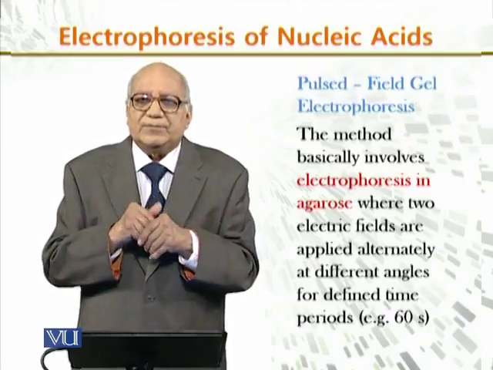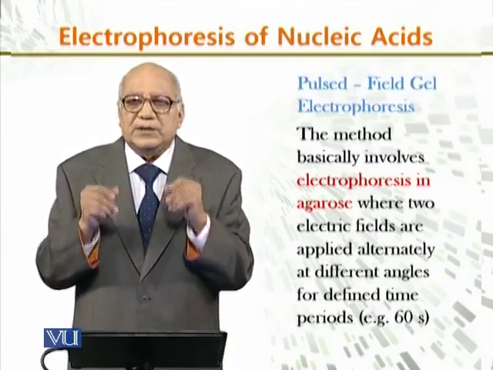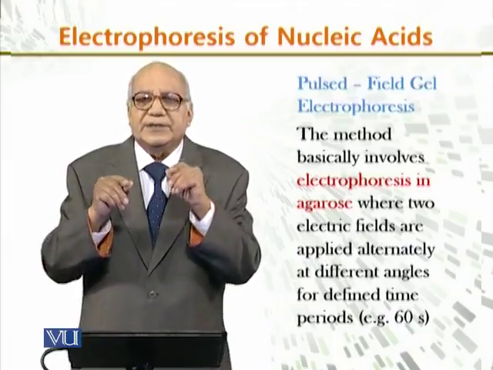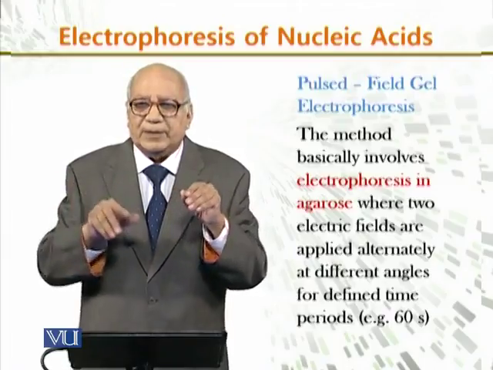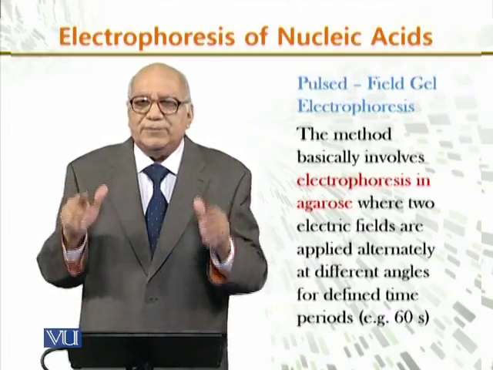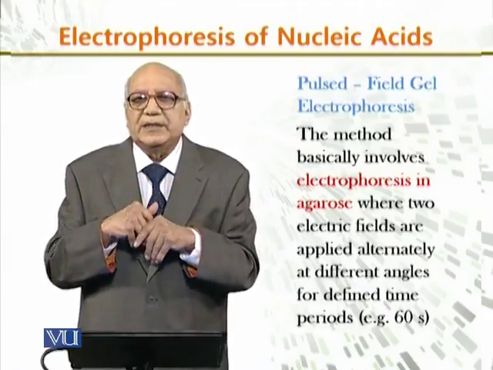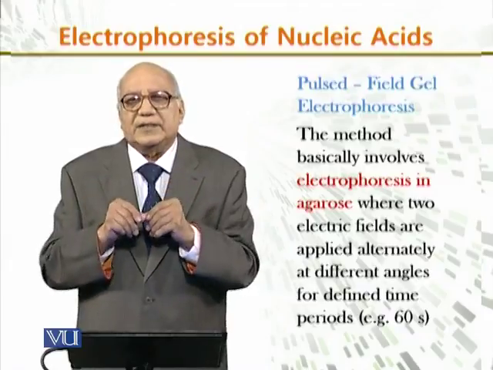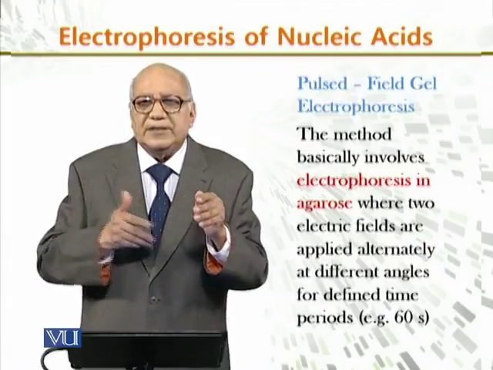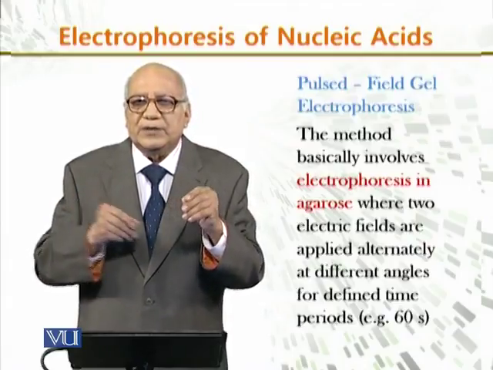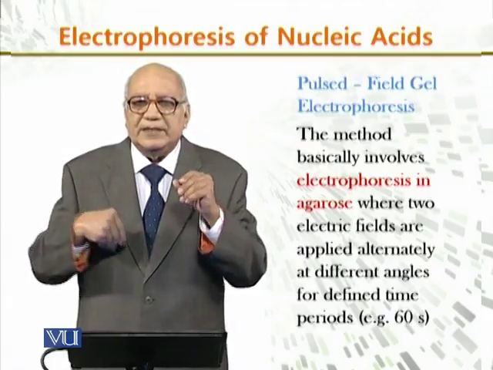In this case, the method basically involves electrophoresis in agarose where two electric fields are applied alternately, at different angles, for a defined time period such as 60 seconds. So the electric field changes every 60 seconds from one angle to another angle.